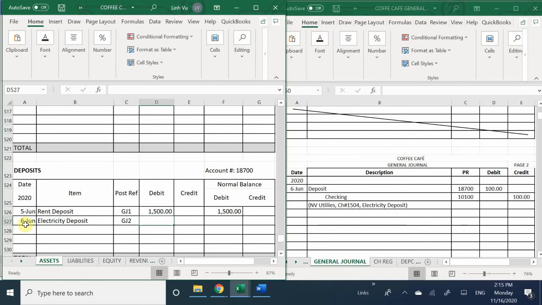Make sure that you know that. And my deposit is for $100, giving me a grand total in my deposits of $1,600.